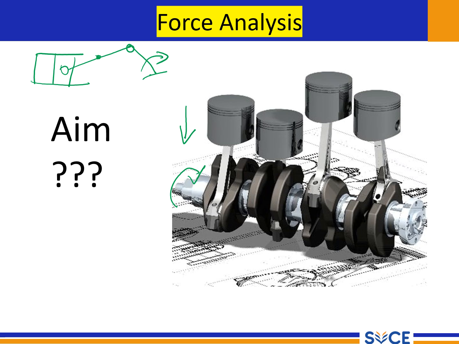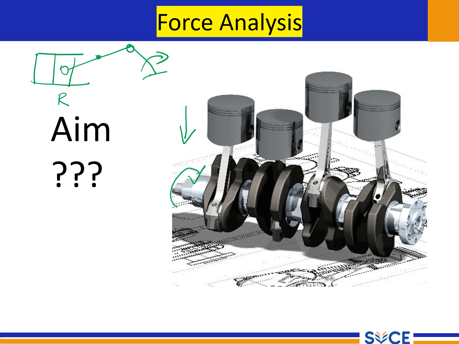So the connecting rod has two kinds of motion. At one end it is reciprocating motion, at the other end it is rotating motion. This combined motion will create different kinds of forces. And also the connecting rod is in an inclined position.